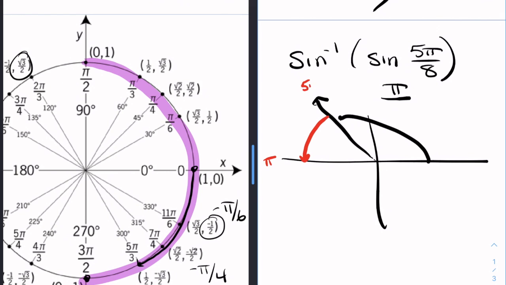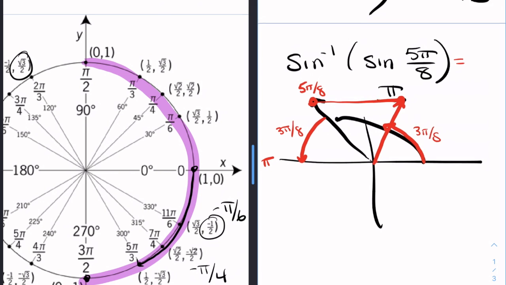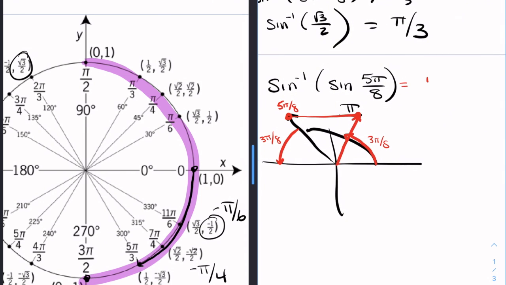If we're at 5 pi over 8 here, then if we moved 3 pi over 8 more, we would get to pi, which would be the equivalent angle that we would have to get to, using the same type of logic. So at 3 pi over 8, we would have the exact same y value as 5 pi over 8. So instead of undoing themselves, we're finding the equivalent angle inside where we want it to be.